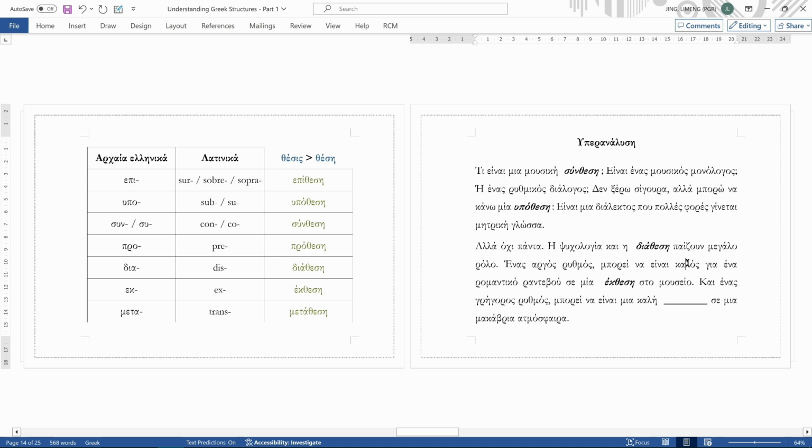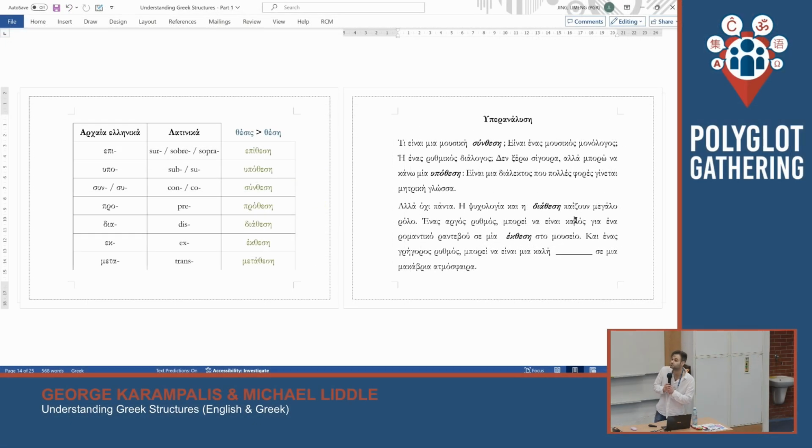Και ένας γρήγορος ρυθμός μπορεί να είναι μια καλή μετάθεση σε μια μακάβρια ατμόσφαιρα. This word exists in English, actually. How would you translate μετάθεση? Okay, yeah, it means a change.